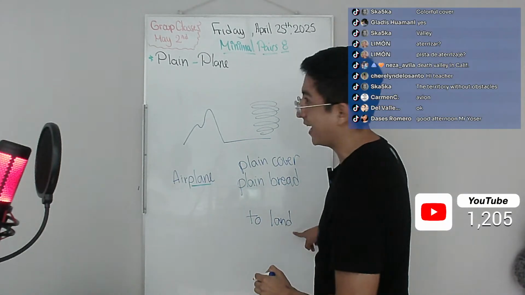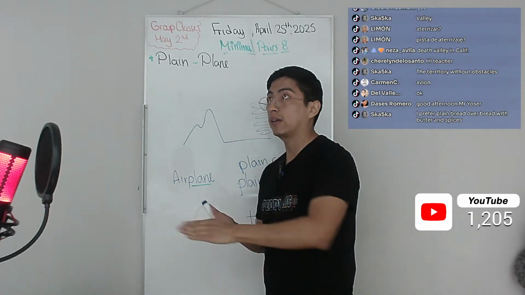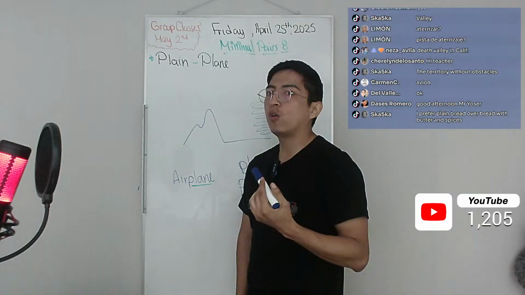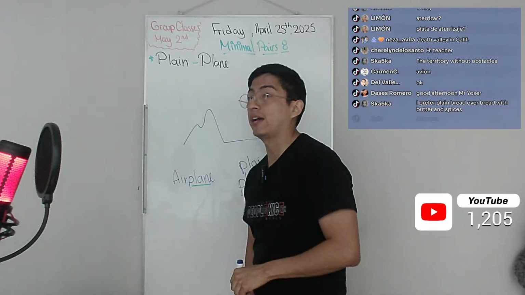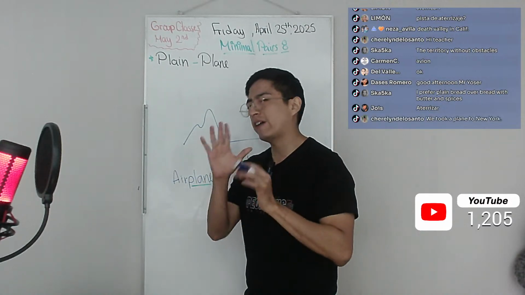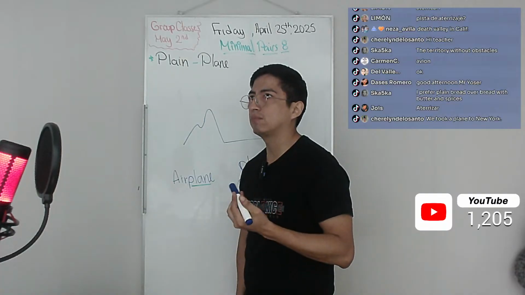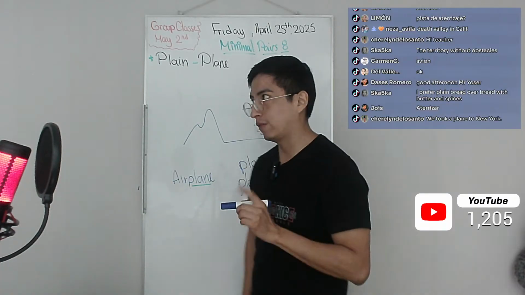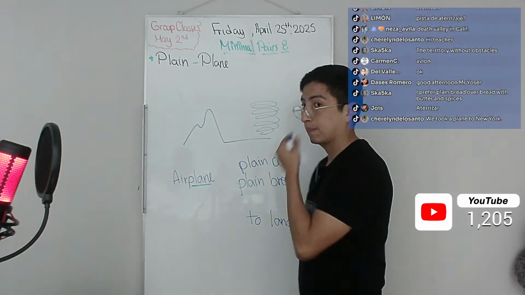It's going to land soon. The plane is going to arrive. We can also say arrive. The plane is going to arrive in 5 minutes. The plane is going to arrive within an hour. We can say something like that. In this case, to land.